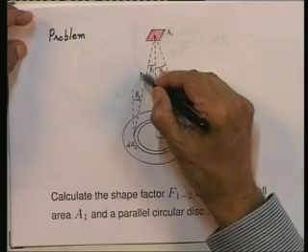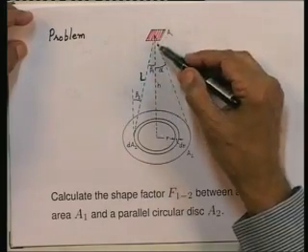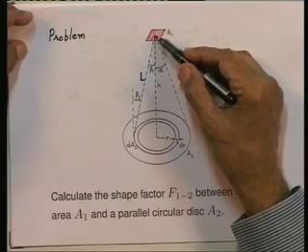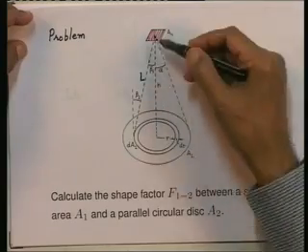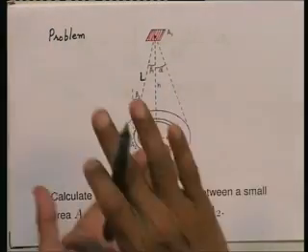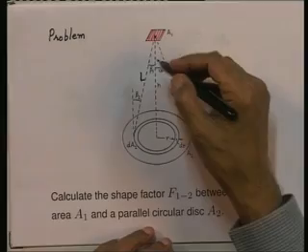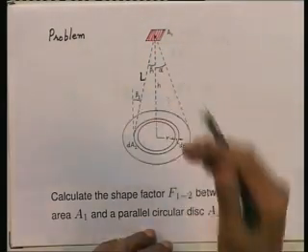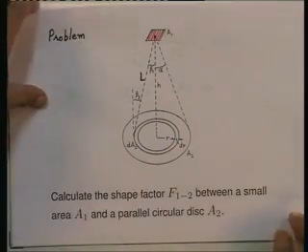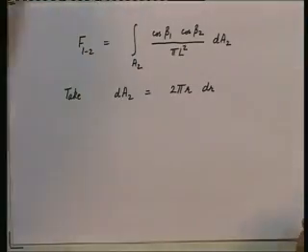This will be capital L, and the angle made by this line joining A1 to dA2 and the normal, the two normals will be parallel to each other because the two surfaces are parallel to each other, and this will be beta 1 here and this will be beta 2 here, and they will be equal in this case. So, let us substitute into our expression now.